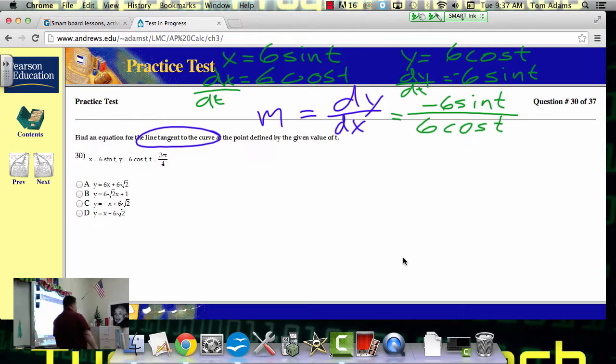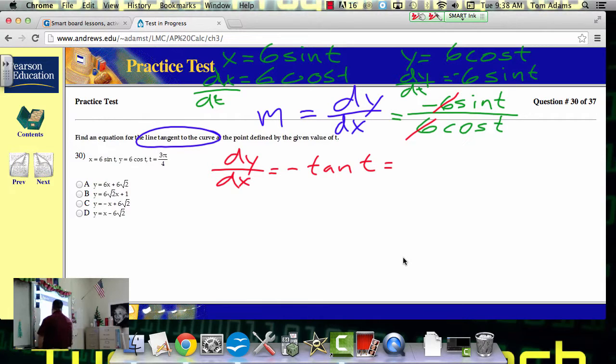Does that make sense? The 6's will cancel. That means dy dx is actually negative tangent of t, and we want to evaluate that at t equals 3 pi over 4.